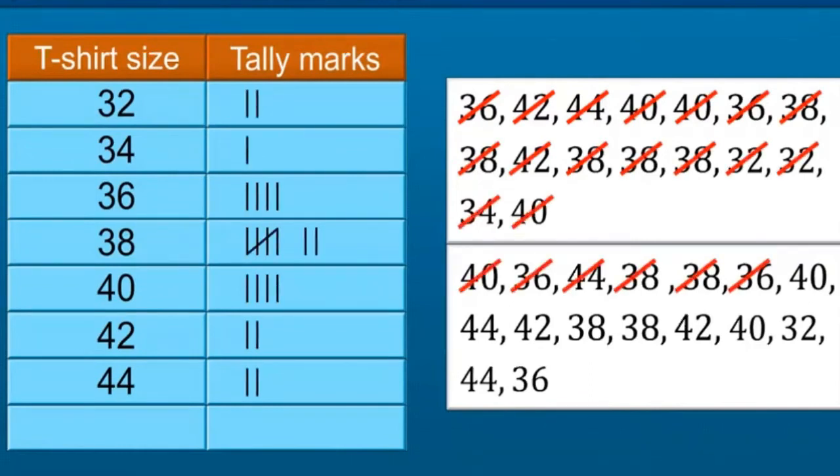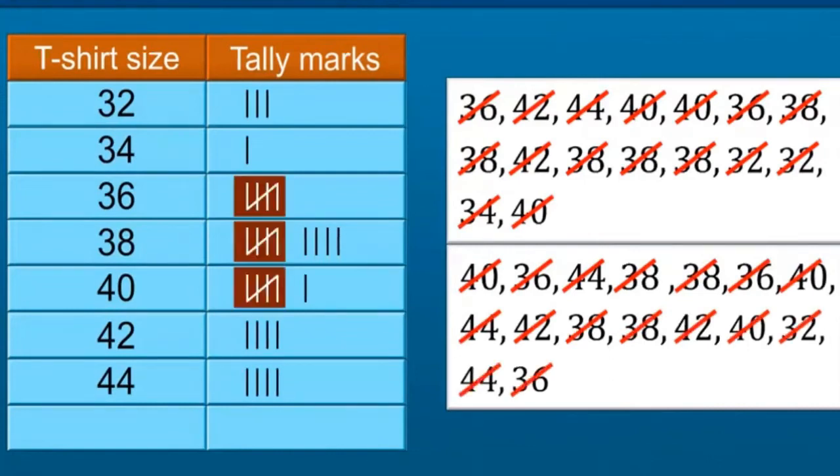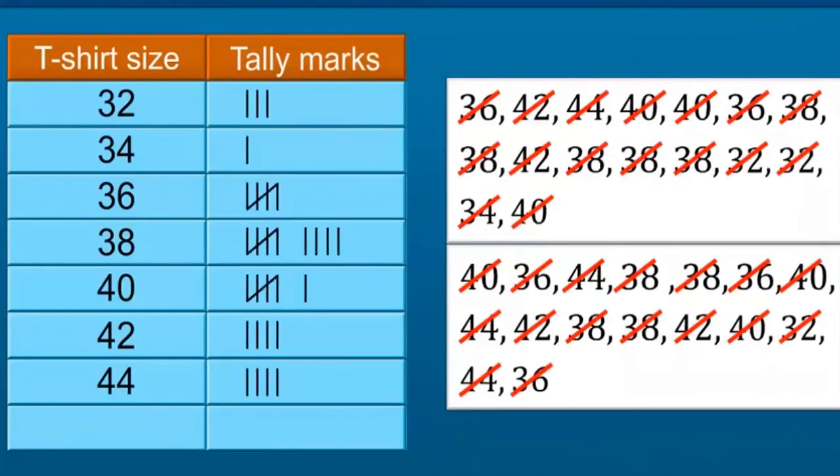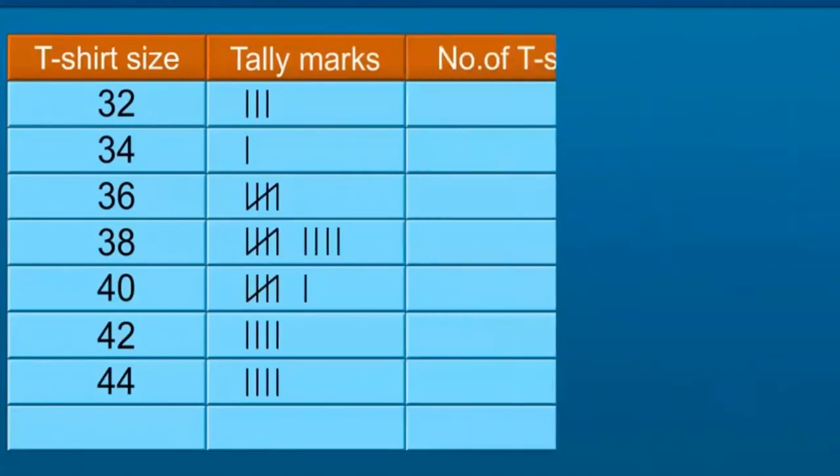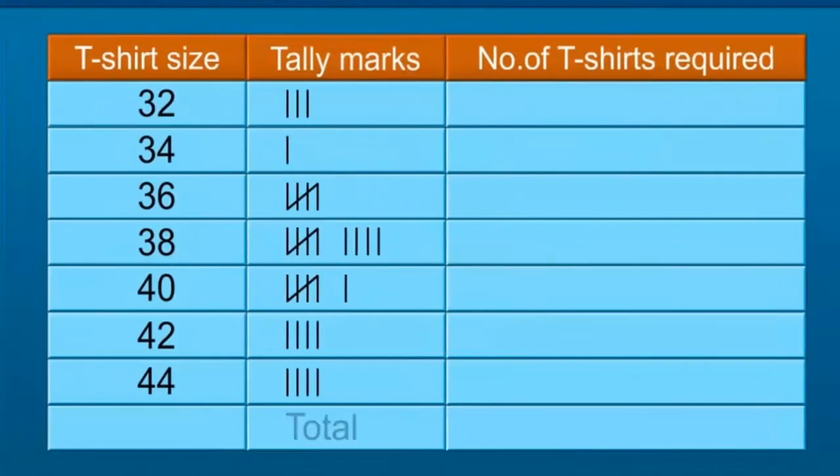Note that for every 5th observation marked against a particular size, we put a slash over the marks. 4 marks and a slash denote a 5. Next, we must count the tally marks for each size.